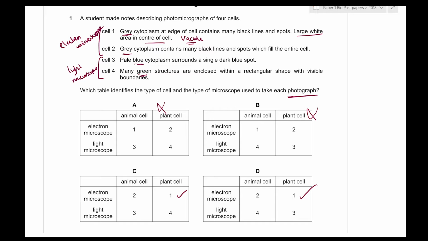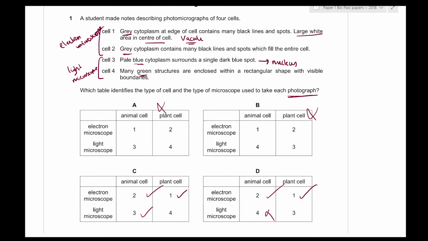Most likely, this is going to be an animal cell. Now for 3 and 4. For 3, pale blue cytoplasm surrounds a single dark blue spot. That single dark blue spot is stained using methylene blue and most likely is going to be the nucleus of an animal cell. Therefore, 3 is going to be an animal cell.